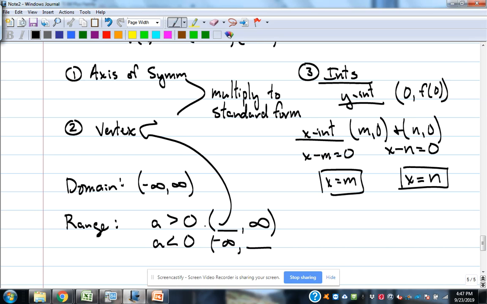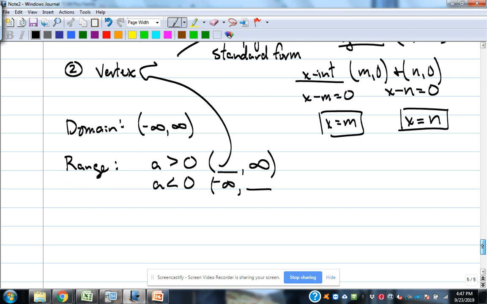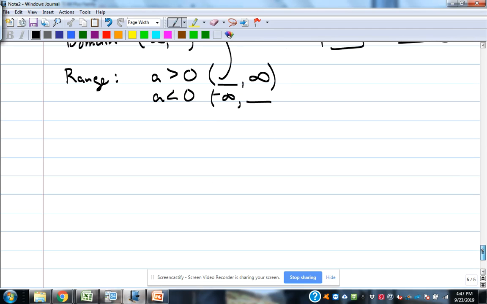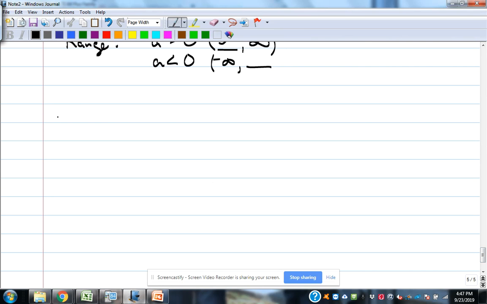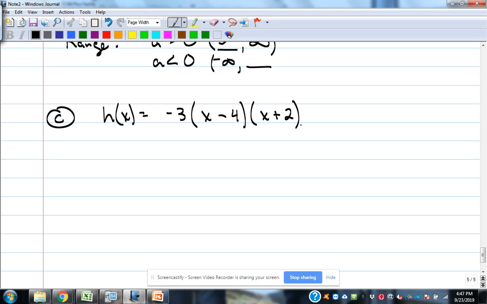Okay, so let's look at a problem that is in intercept form or factored form and get all of this stuff out there. So h of x is equal to -3 parentheses x minus 4, x plus 2. Something like that.